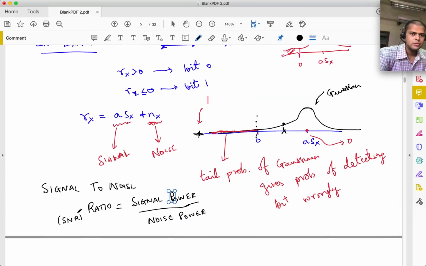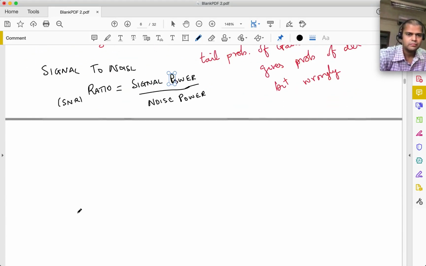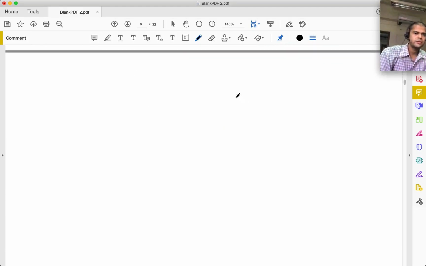So what is this modulation scheme that I've shown? It's actually used in practice, and it's called BPSK, binary phase shift key. So let's write down a few modulation examples.